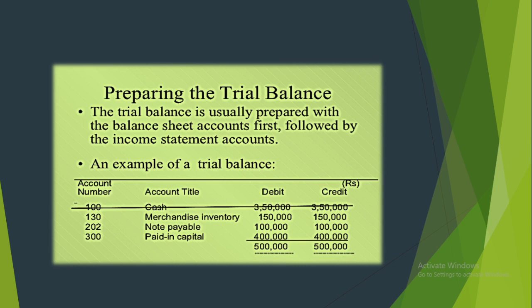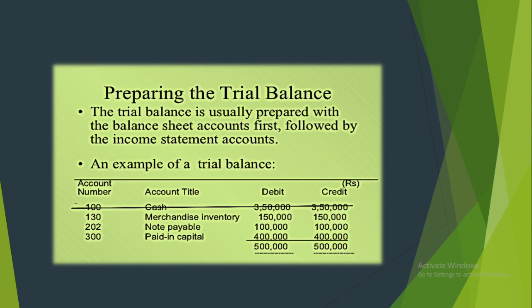So, here is an example of a trial balance. These four parts are important. First of all, we have to mention the account number. Then the account title. We have to write the exact title of the account. Then the debit amount of the respective account and the credit amount of the respective account.